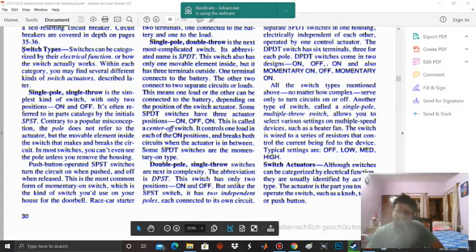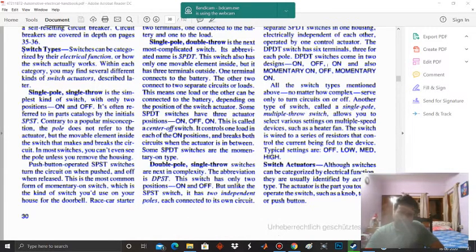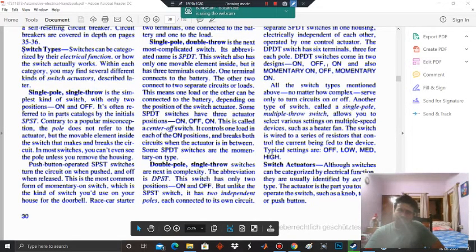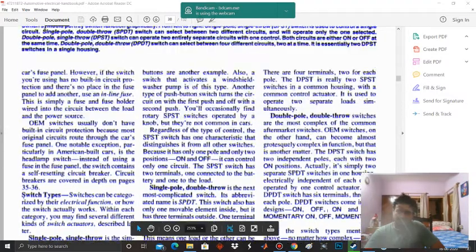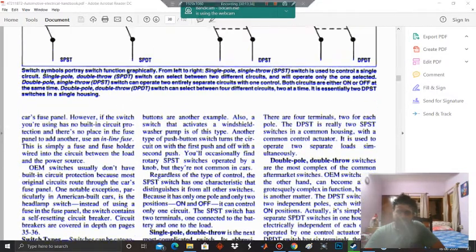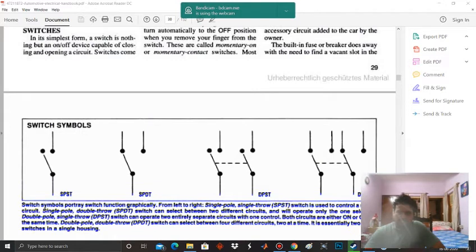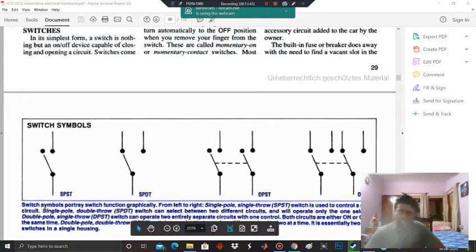If you see a general, common fan, it has these positions: off, low, medium, high. So they are known as single pole multiple throw switch. Let us see the diagram of a DPDT switch. You see, for one single pole you have 3 positions.